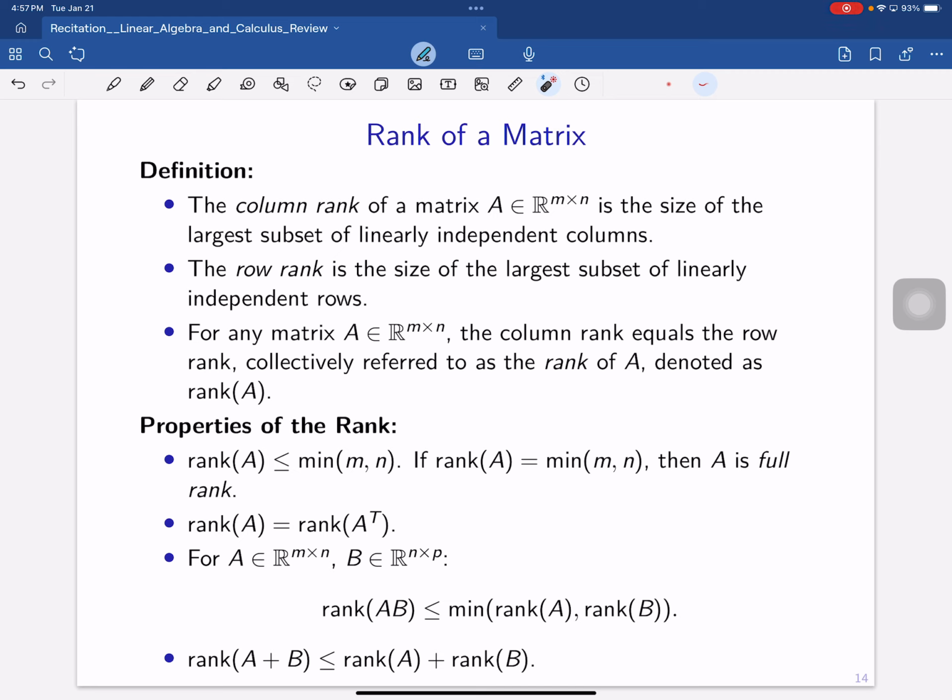The rank of A times B should be less than or equal to the minimum of the rank of A and the rank of B. Why is this true? You don't need to write a rigorous proof, but intuitively, why is this true? Any thoughts?